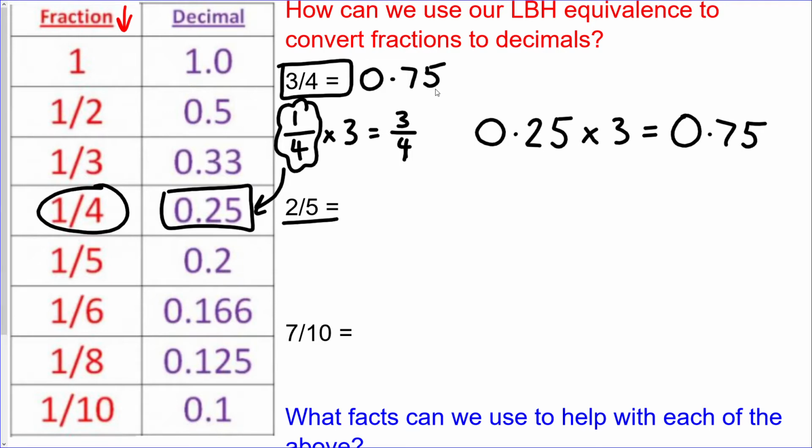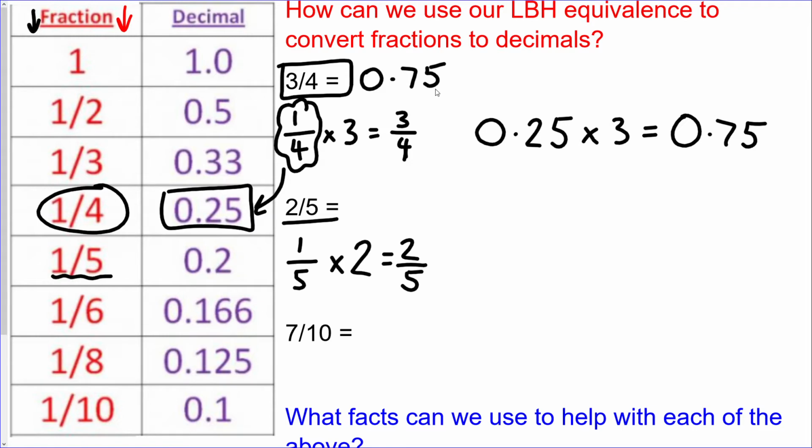Let's have a look at our next fraction, 2/5. Again, I look down my column and I check, is there a fraction in this column that I know off by heart the equivalence of that I can use to get to 2/5? So I can see here that now I have 1/5. 1/5 has a link to 2/5 because the denominator is the same. I know that 1/5 multiplied by 2 gives me 2/5.